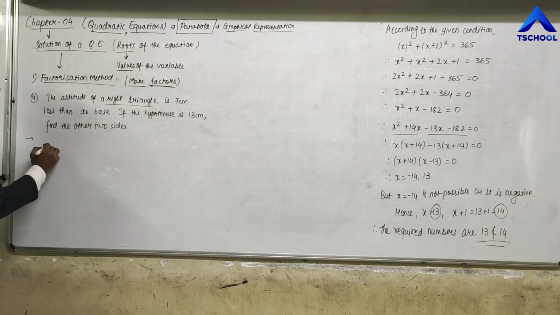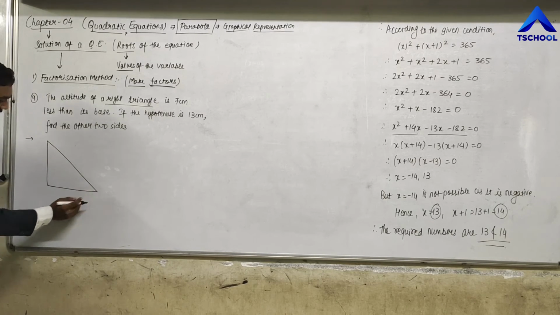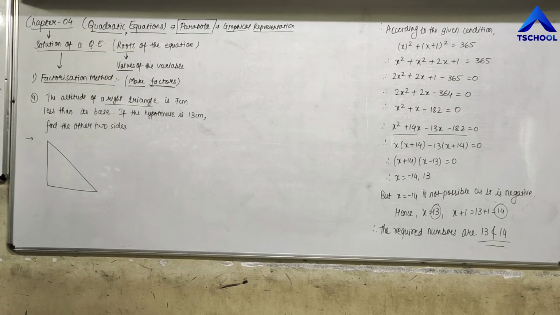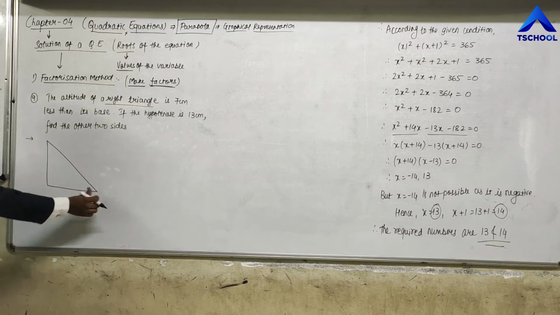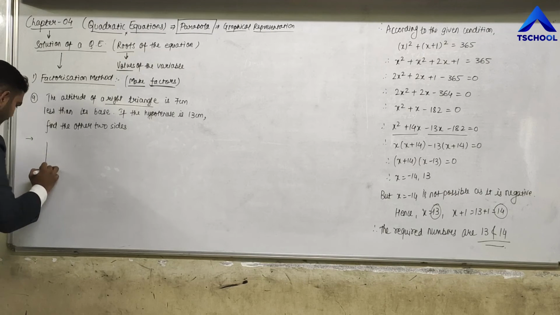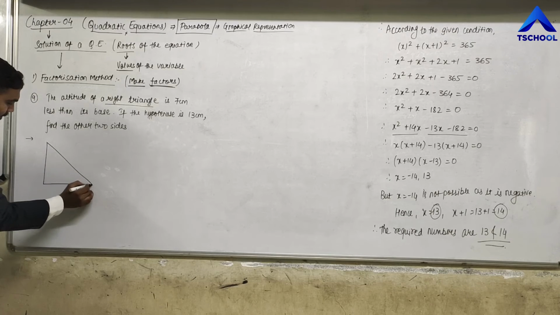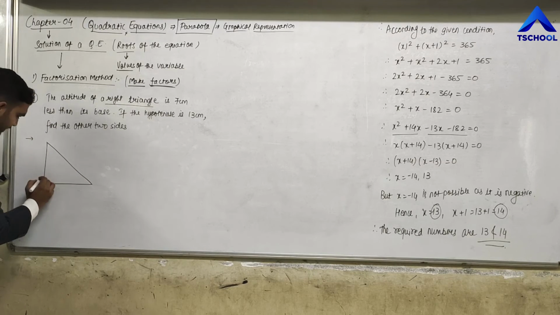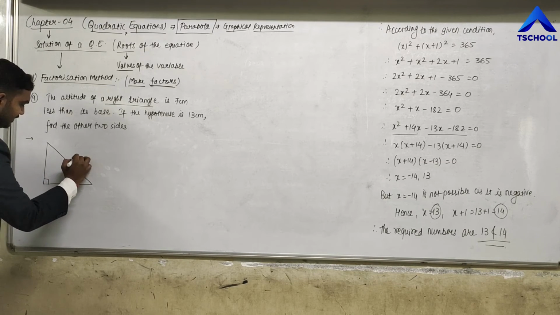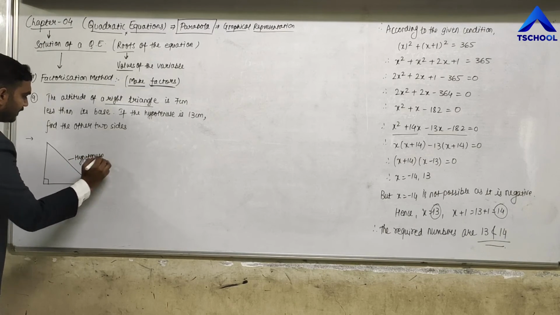So in a right triangle we know that one angle of a triangle is always 90, and we are having a hypotenuse also. So if this angle is 90, then this is the hypotenuse.